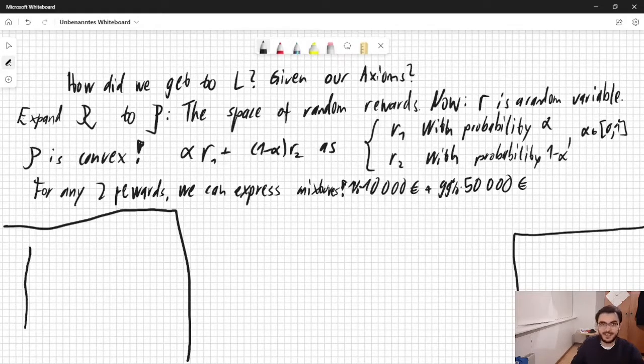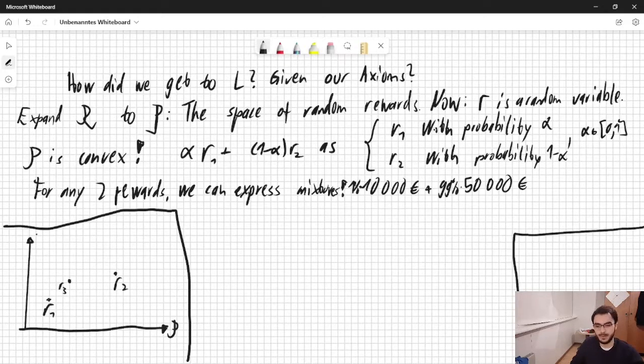This is not an actual coordinate system, it's more like a ranking. If you look at the reward space here, I'm going to interpret the y-axis as meaning that if we have R1 and R2 here, they're not actually any numerical values, but R2 is preferable over R1 because it's higher on the y-axis. That's what the y-axis means. So if we have R1 and R2, and some R3 between those, R2 is preferable over R3, but R3 is preferable over R1.